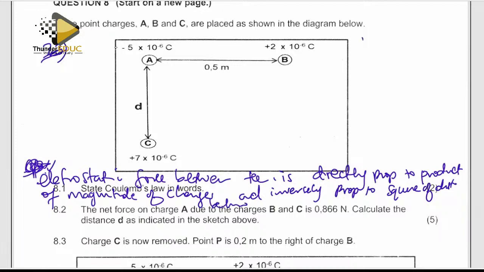So something like that, for as long as you know how to, Q1, Q2 over R squared. It's just putting this in words.